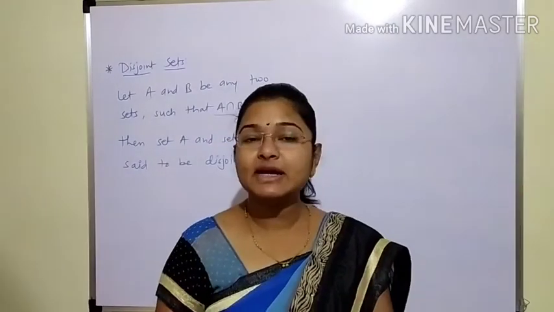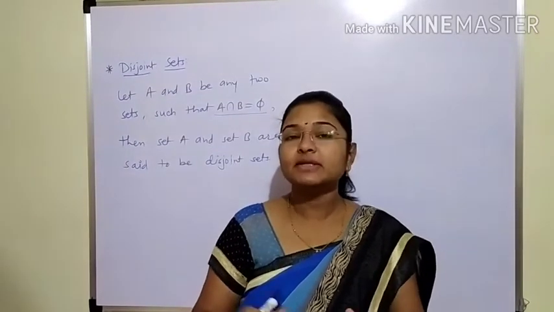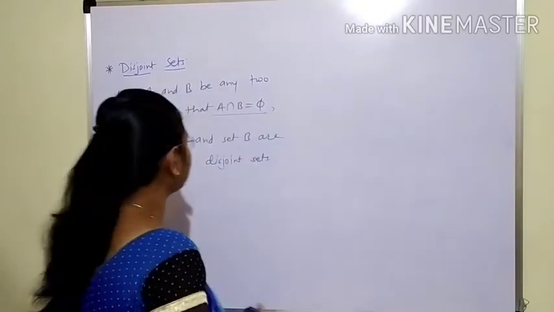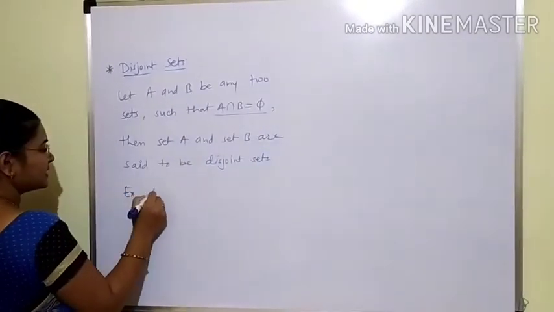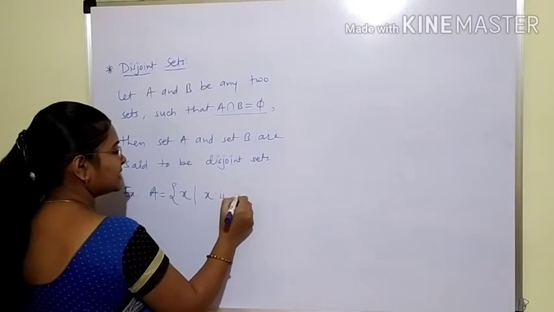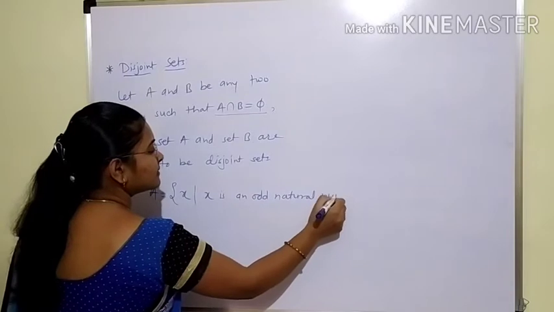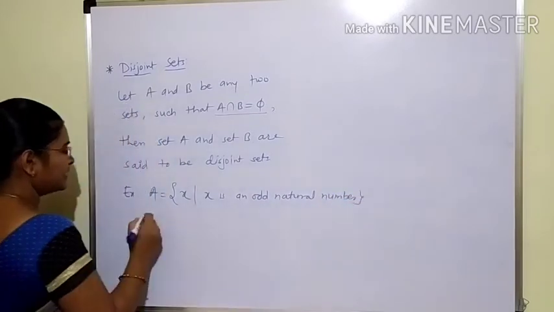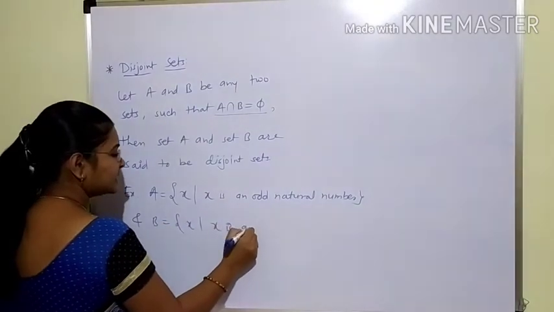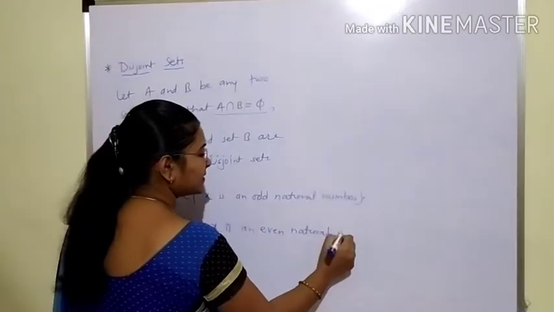Okay, the intersection of two sets is an empty set, means what? Both the sets are not having any common element. For example, suppose set A is a set of X such that X is an odd natural number, and set B is set of X such that X is an even natural number.